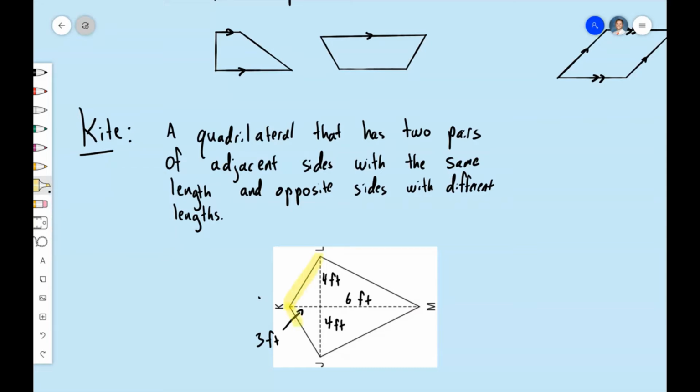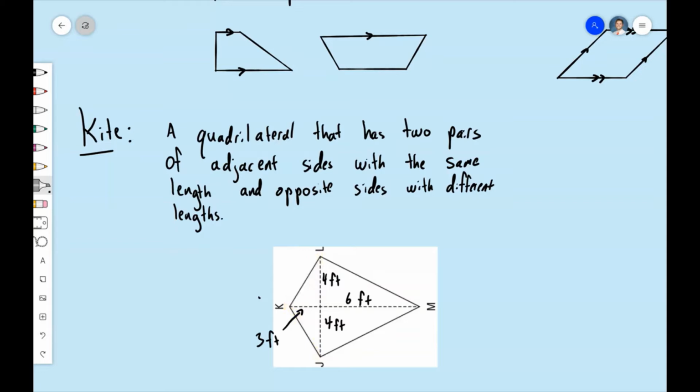They are adjacent, meaning next to each other, and they have the same length. Whereas you can see the opposite sides, if we go back and draw this again, this pink side here, its opposite over here in yellow is not the same length. So that's a kite.